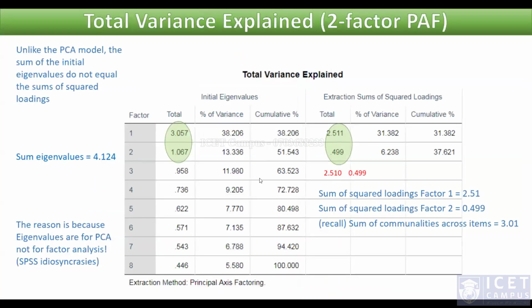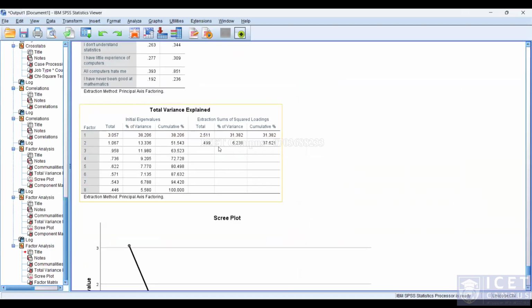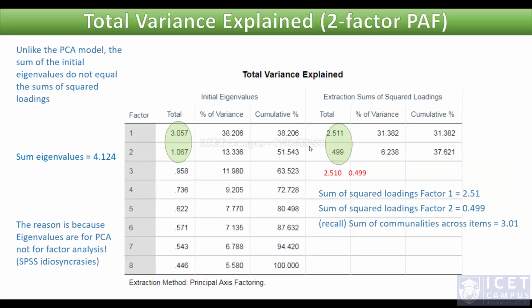So the total variance explained, second output, total variance explained. Here also we can extract two factors. Unlike the principal component analysis model, the sum of the initial eigenvalues does not equal the sum of the squared loadings. Right? So the sum of the eigenvalues equals 4.124.